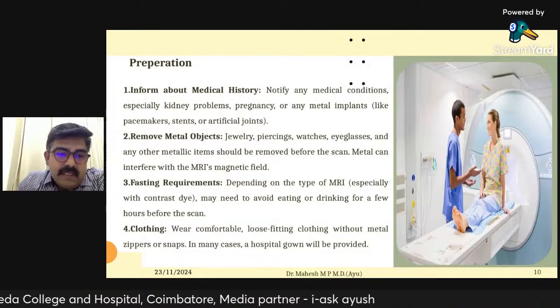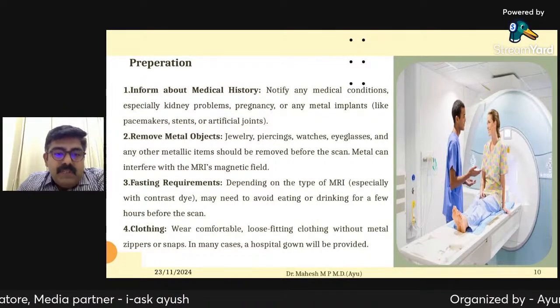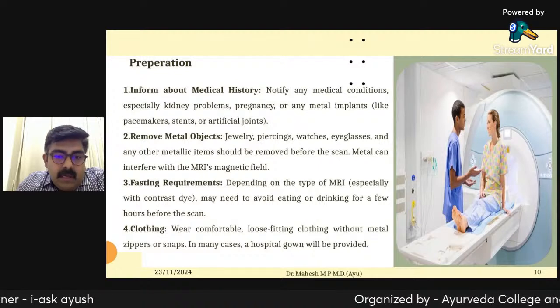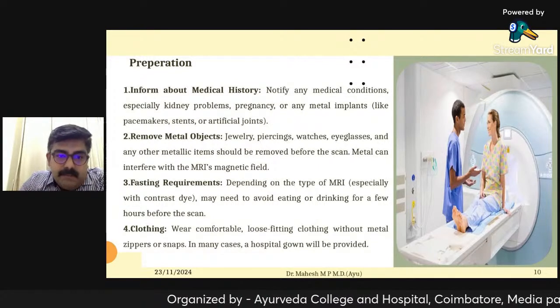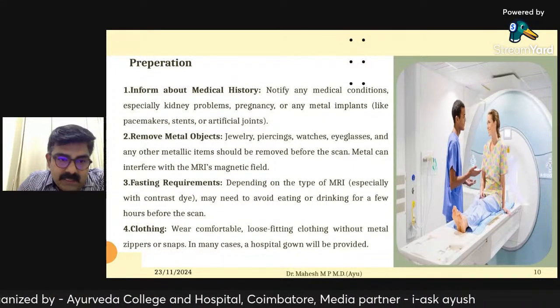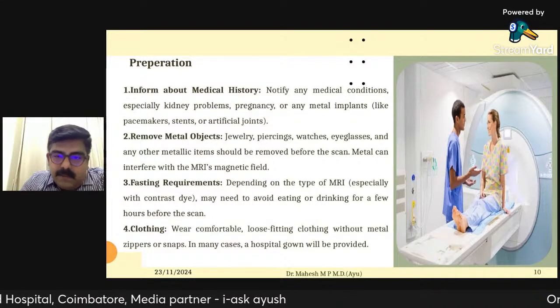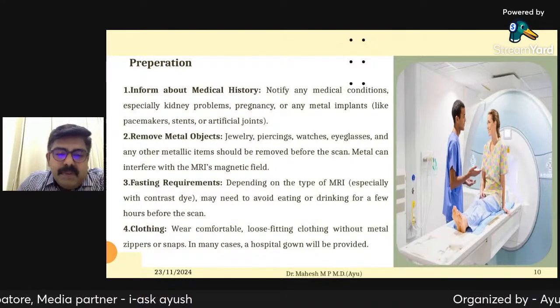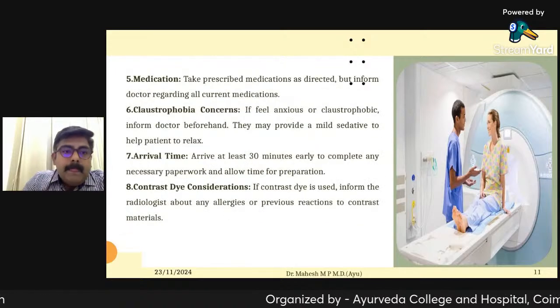That's why it is recommended. Regarding clothing in the MRI, usually they will be given a gown with ties. There will not be any buttons or metal parts in it. There will be loose fitting clothes without metal zippers or snaps. In many cases, they will provide their own gown.